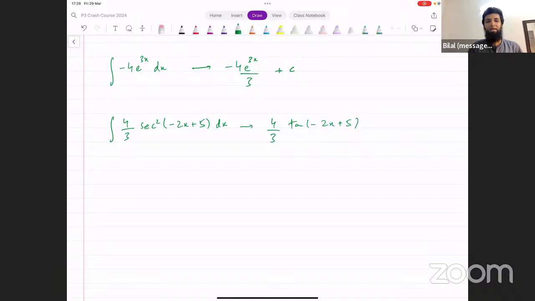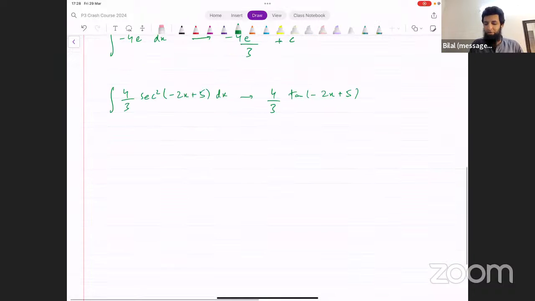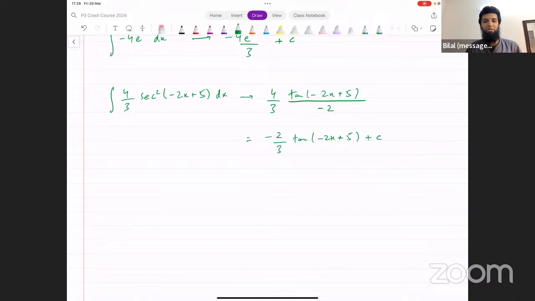But then, the rule said if you have secant square x, the integral of that is tan x. But if you have something other than x, then you have to divide by the derivative of that as well. What's the derivative of minus 2x plus 5? Minus 2, you divide by that. And then you can simplify 4 over minus 2. That's going to be minus 2 over 3 into tan of minus 2x plus 5 plus c. That's the integral of this expression.